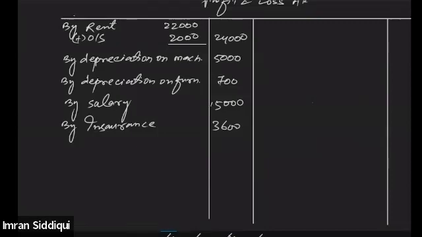First of all, for insurance, we'll be writing 3,600 here, minus the prepaid expense, 600 paid on an advance basis. We'll subtract that and write down 3,000 here.